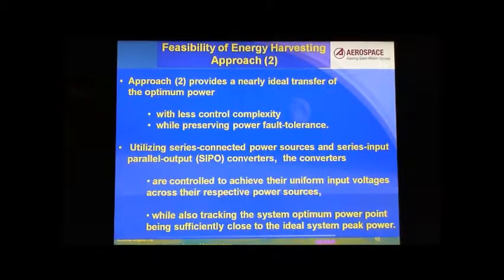This slide basically emphasizes the feasibility of energy harvesting based on uniform voltage distribution among serially connected power sources.